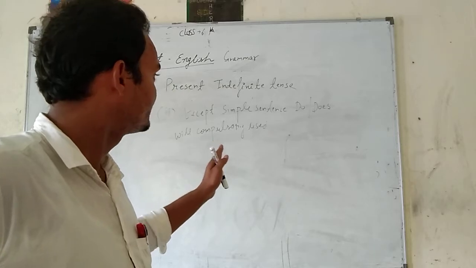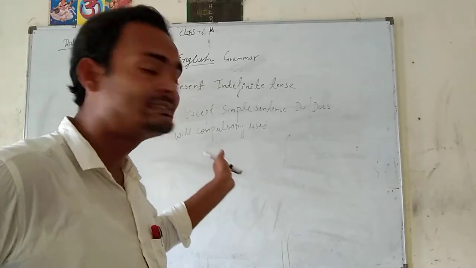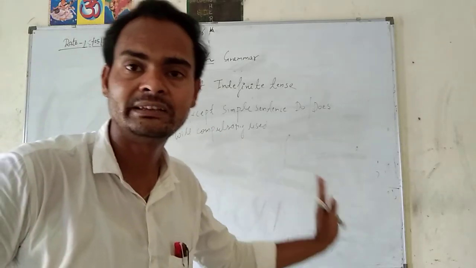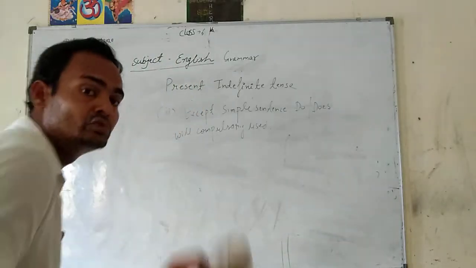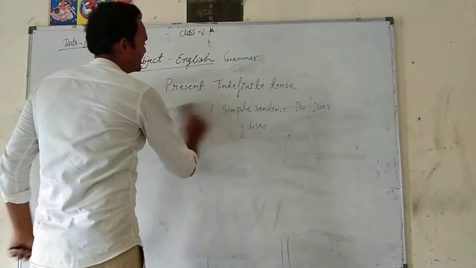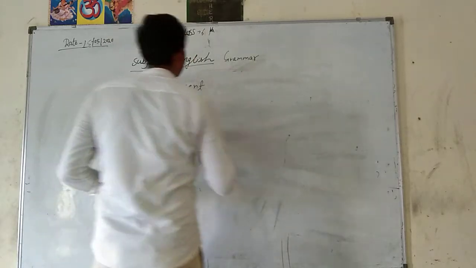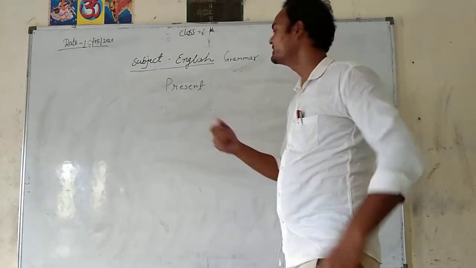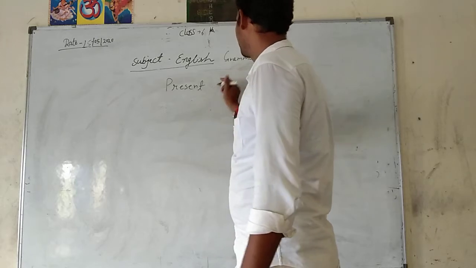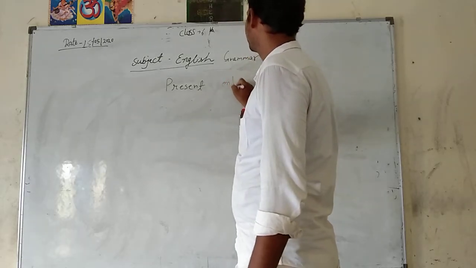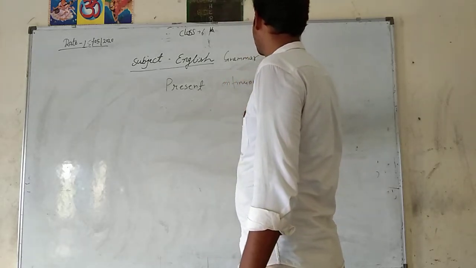So your first homework is to write at least 10 to 20 sentences of present indefinite tense. Now we move on to the present continuous tense. At least we have to finish present tense. In the next video we can study further. Second is present continuous tense.